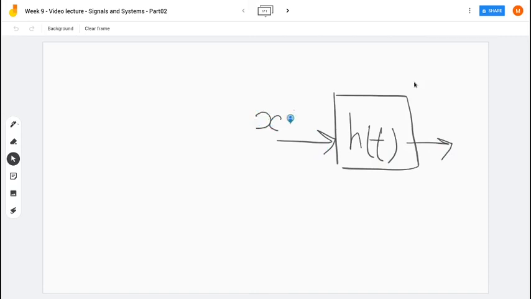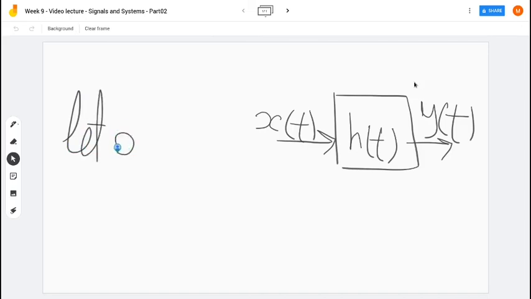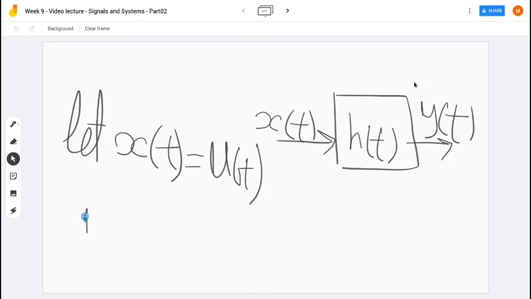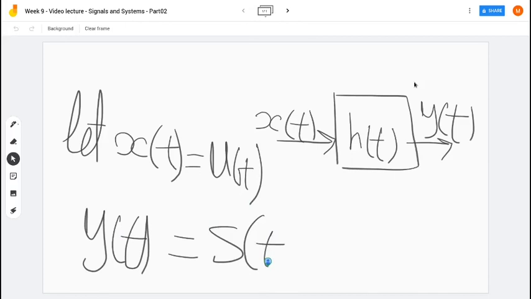So again, what is the step response? The step response is simply the output if the input is a unit step. So let x of t be a unit step u of t, and in this case the output y of t would be s of t, which is the step response.